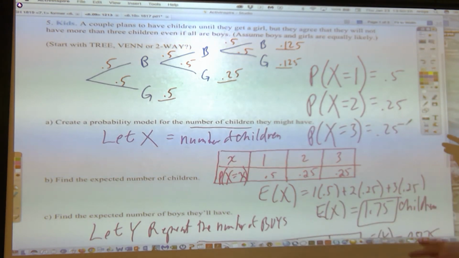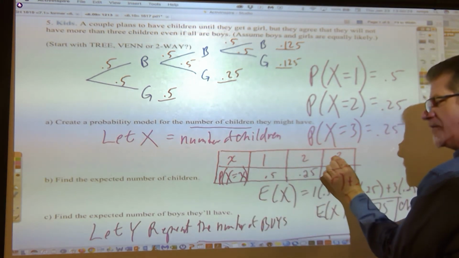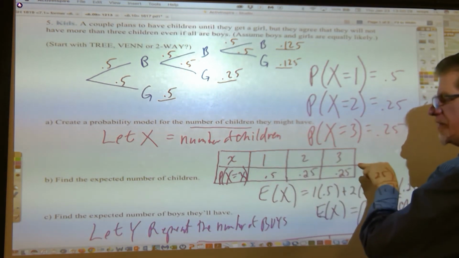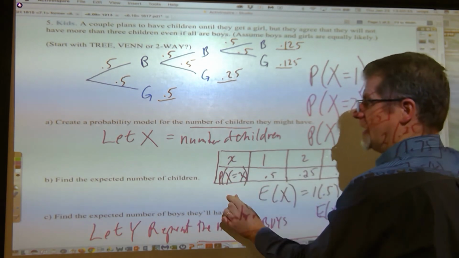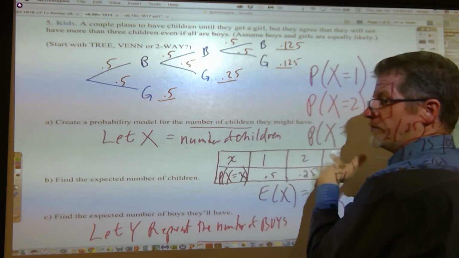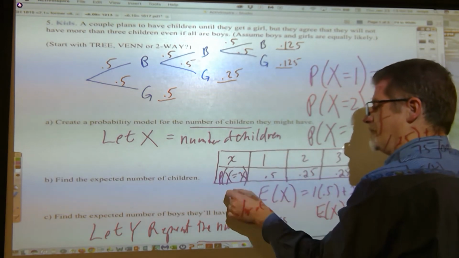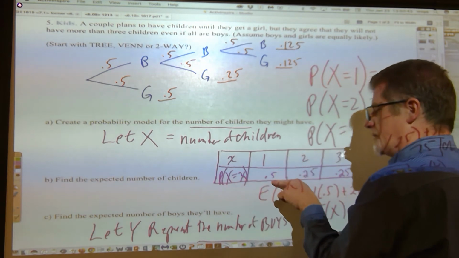Lowercase x are the particular values of the random variable, and this is a list of particular values. Capital X represents the actual value that it takes on. So if the actual value is this particular value, then that probability is 0.5.